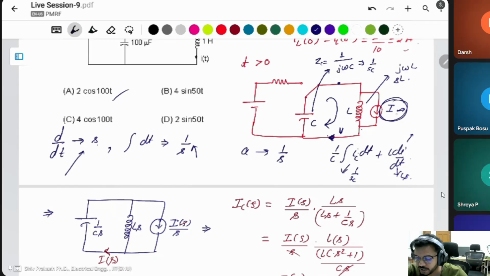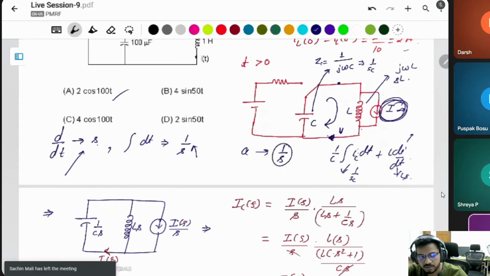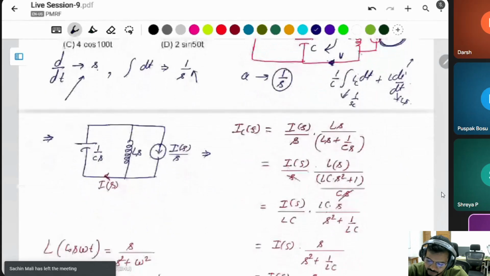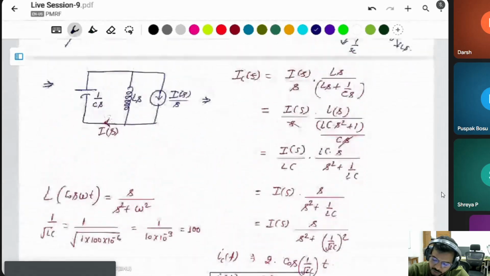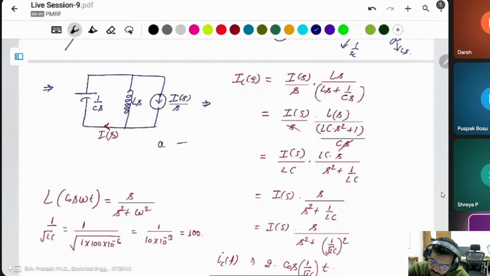If there is a constant, then Laplace of the constant is 1 by s. Laplace of t is 1 by s square.